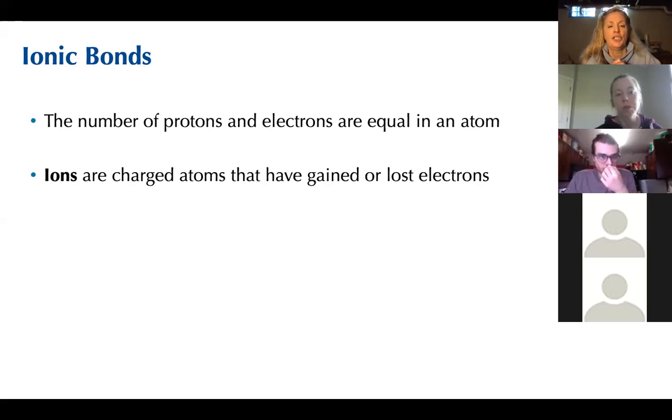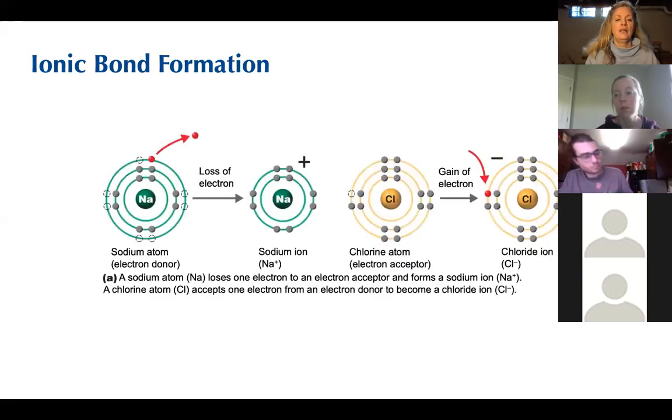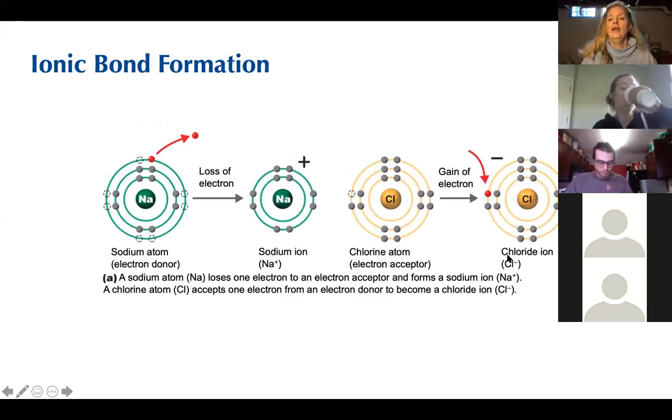The number of protons and electrons when we start out are equal in an atom, and we make an ion when we gain or lose an electron. So in the case of lithium, or in the case of sodium, we lose an electron, right? And this becomes positively charged. So we call that now a cation, okay?